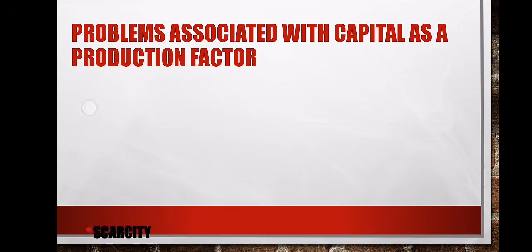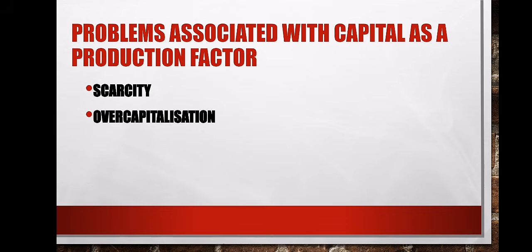Let's try to look at them. Scarcity, if I can try to summarize it, the farmer may not be given a loan because they doubt that he will be able to pay it back. So it makes it scarce for him to get a loan. His profile is not good. His records are not trustworthy. And overcapitalization.